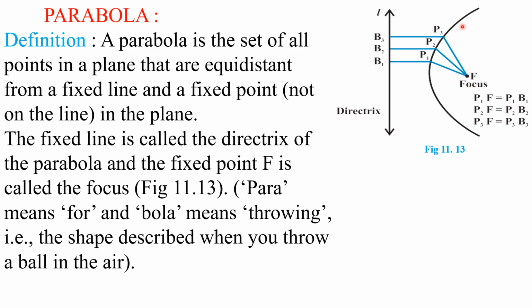These are the points which are equidistant from the fixed point F and from the fixed line L. That is FP1 is equal to P1B1, FP2 is equal to P2B2, FP3 is equal to P3B3. Then the set of all these points forms a parabola. Understood this point, my children?